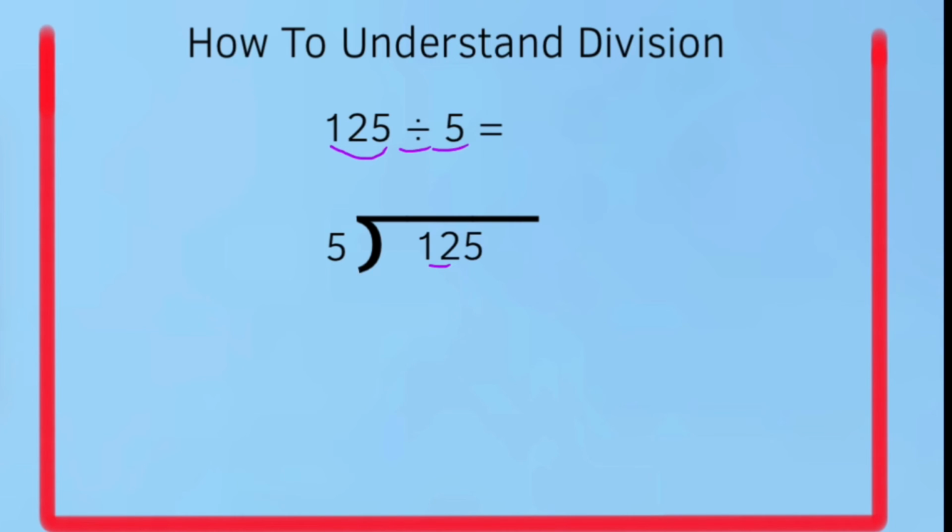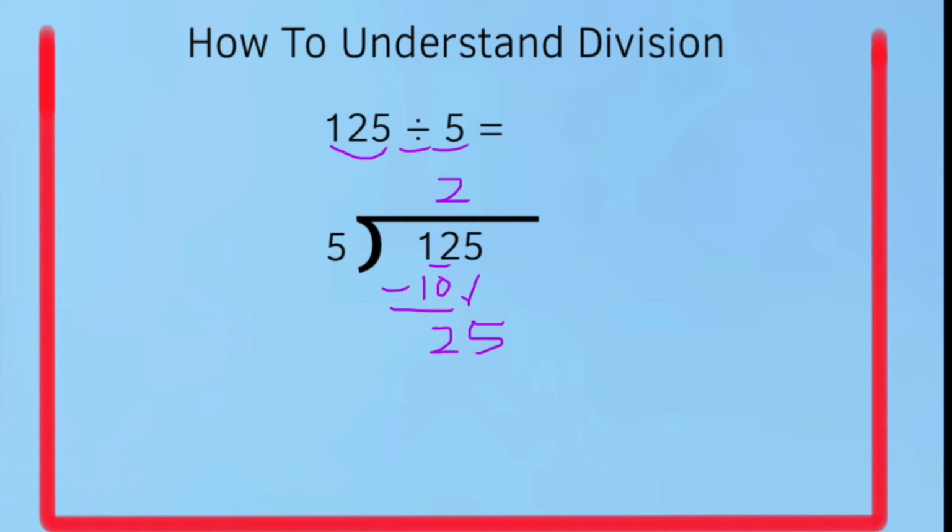So I'll say 2. 2 times 5 equals 10. So 12 minus 10 equals 2. So the 2 is less than 5, so I'm in good shape here. So I have this 5 to bring down. I bring it down here. And now I say, what times 5 equals 25?